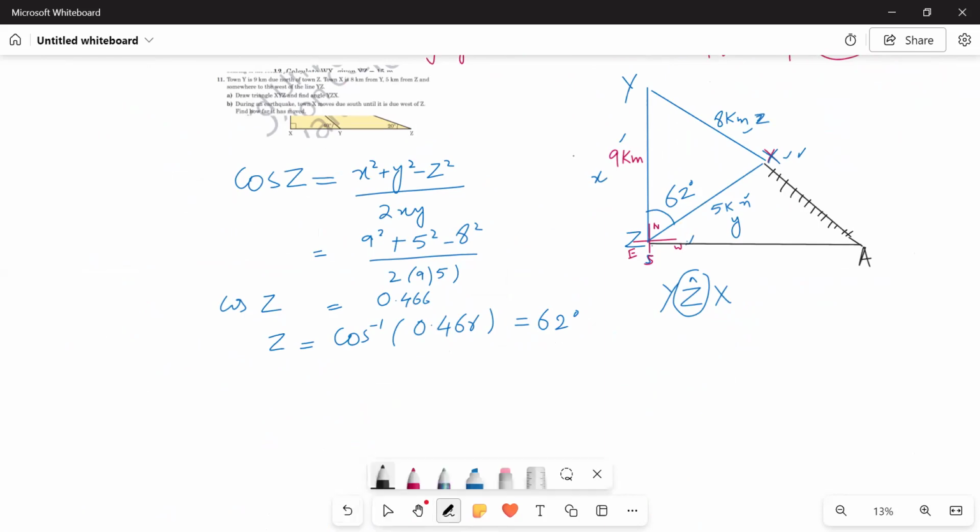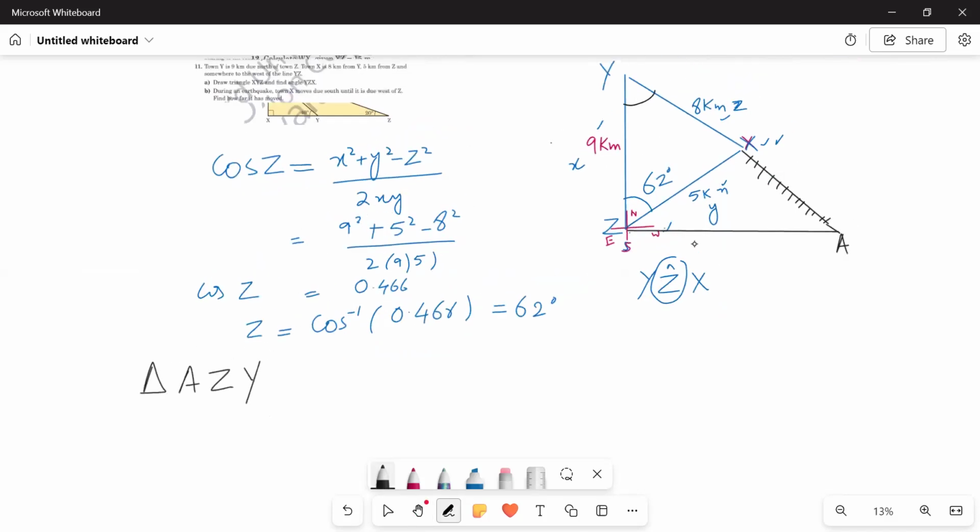So first I will take triangle A, Z, and Y. We can find this angle first and then use that other side.